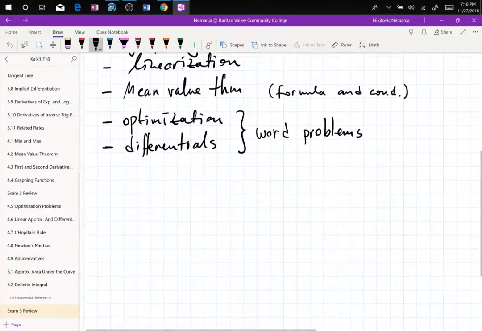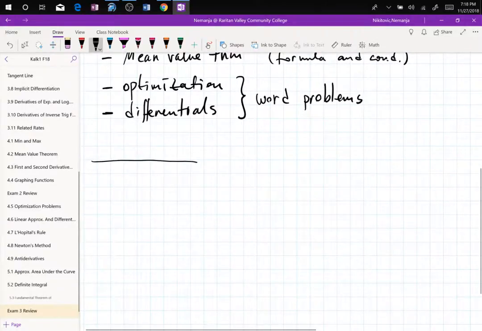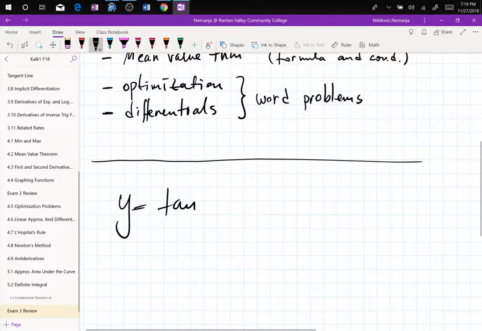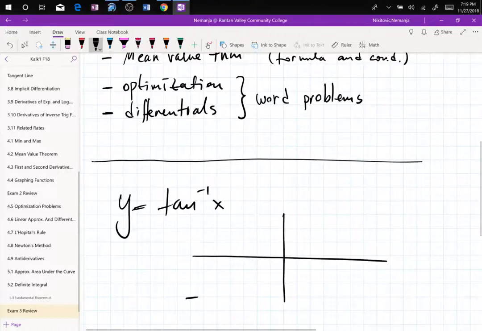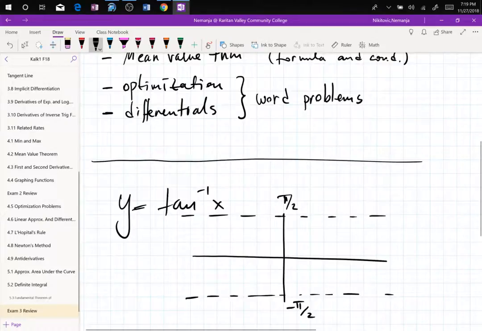All right, so the question is, if I have a function y equals inverse tangent of x, which has these horizontal asymptotes at negative pi over 2 and positive pi over 2.